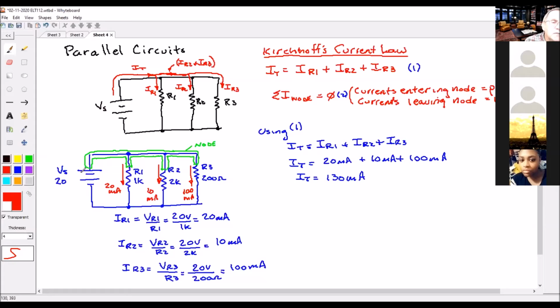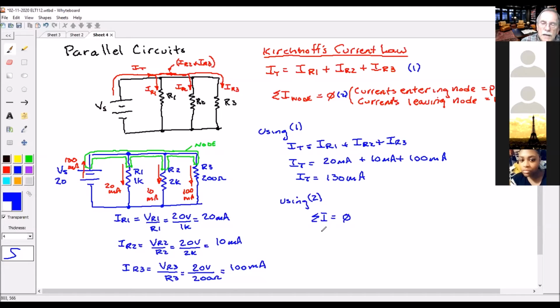And we said that the IT going this way, leaving the battery, is 130 milliamps. So if I was using the second form, I could say that the sum of the currents is equal to 0. And remember we said currents entering are positive, currents leaving are negative.